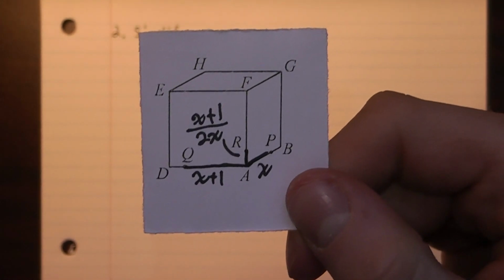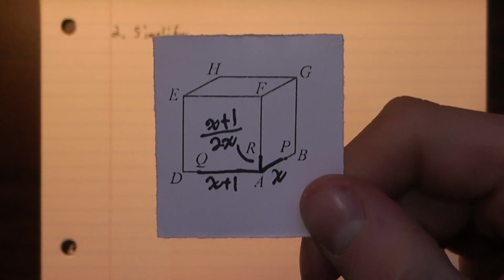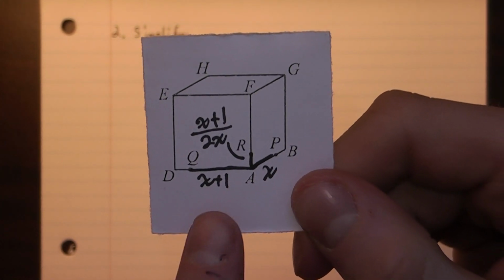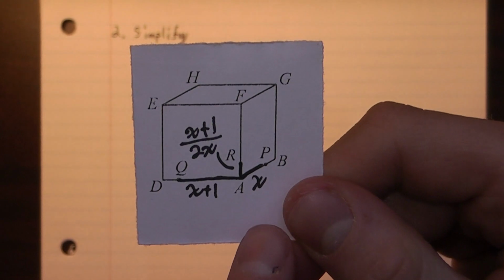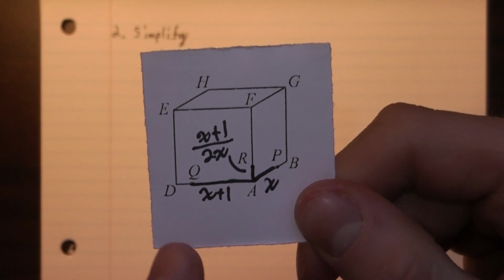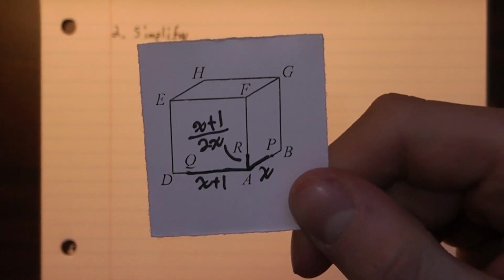Simplify. So I've written on the little diagram that AQ equals x plus 1, AP equals x, and AR equals x plus 1 over 2x.